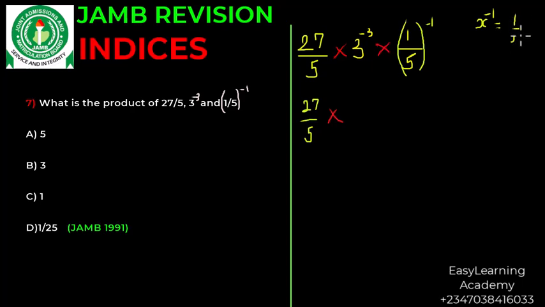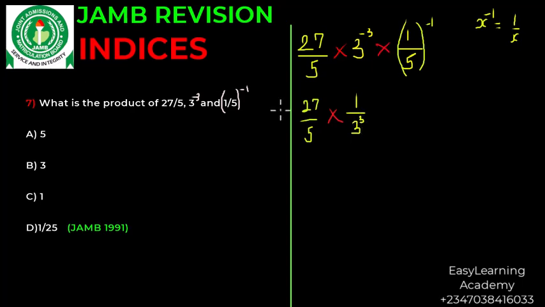We know this law by now, right? So our 3 is going to be 1 over 3 raised to the power of 3. We take away the negative sign. That's how it becomes.